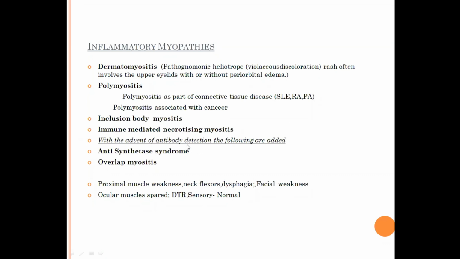And with the advent of more and more antibodies being detected, anti-synthetase syndrome and overlap myositis. So these are the 1, 2, 3, 4, 5, 6 varieties of inflammatory myopathies. And this is diagnosed only after finding a particular antibody. All these patients have a very similar picture of proximal muscle weakness. In all these patients of proximal muscle weakness, ocular muscles are spared, DTR is normal, sensory is normal. So that will give you an idea that the proximal muscle weakness is of myogenic origin.